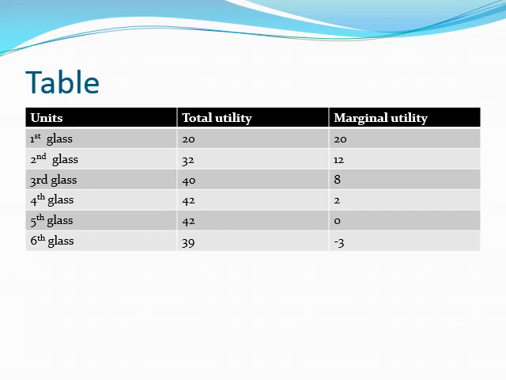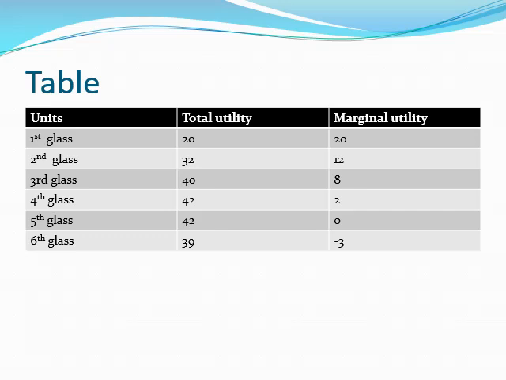This table expresses the previous example. It consists of 3 columns: units of products or water, total utility, and marginal utility. Total utility is the summation of marginal utility, and marginal utility is the change in total utility.